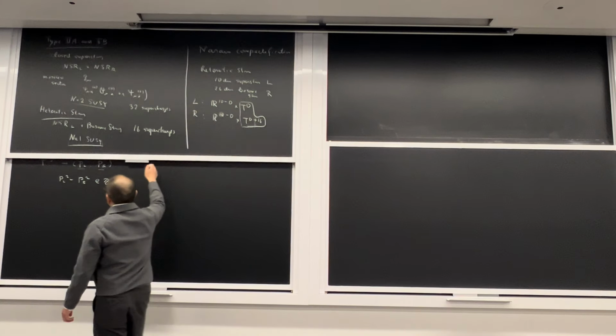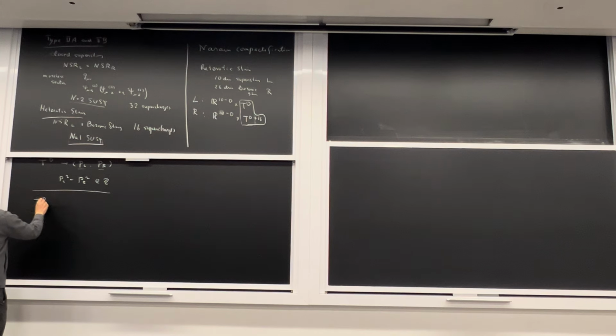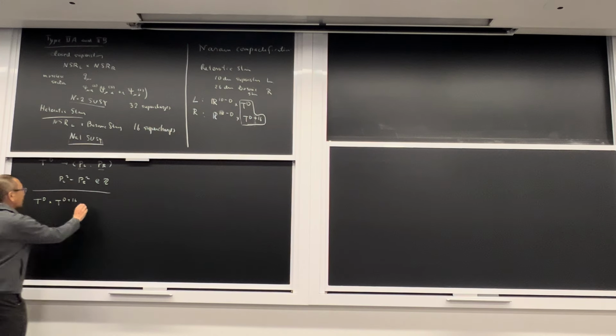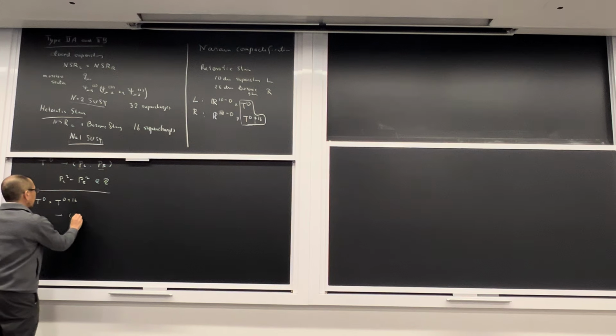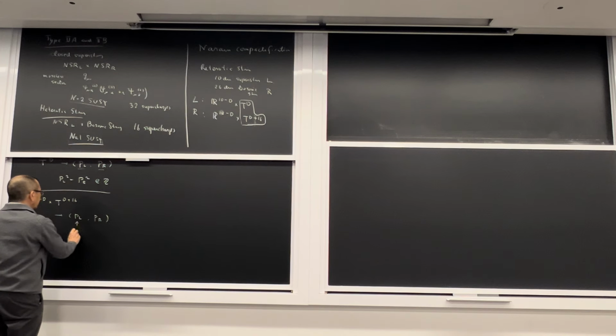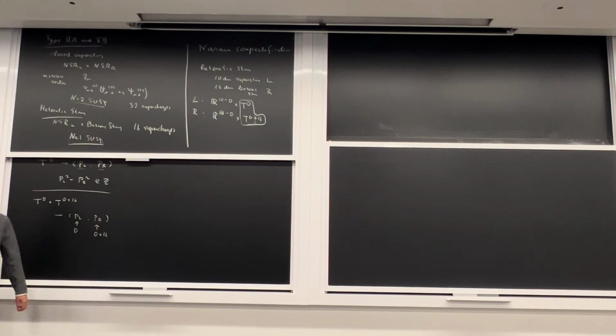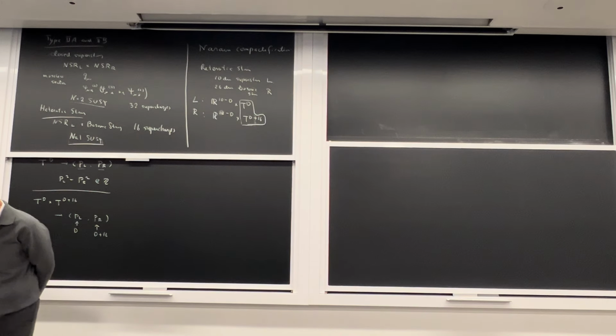If you want to do that, the most general configuration of string propagating in a torus of this type should have momentum p left and p right, where this lives in D dimension and this lives in D plus 16 dimension, satisfying the condition that is required by modular invariance.